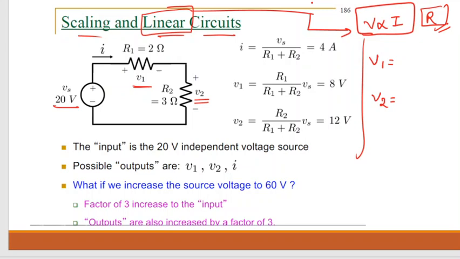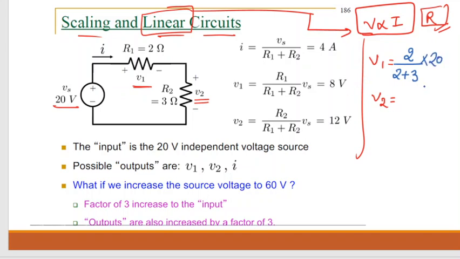Now it's fine. Okay, now tell me. I was asking V1, for volt. Tell me the value. 2 plus 3 multiplied by 20.